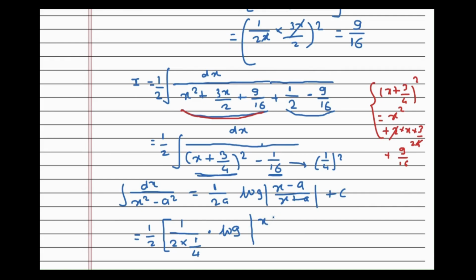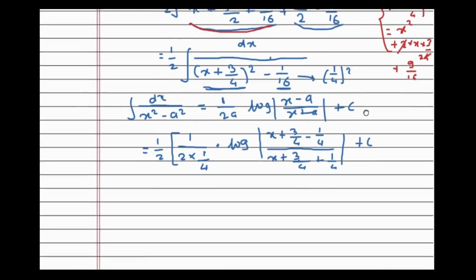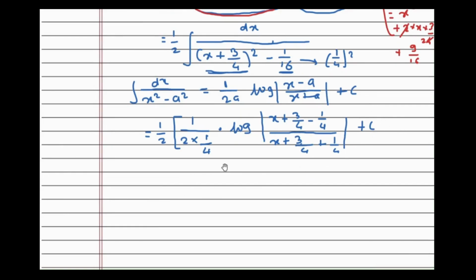What is x? x is x plus 3 by 4. So it is x plus 3 by 4 minus 1 by 4 upon x plus 3 by 4 plus 1 by 4, plus c. Okay, let's simplify it a bit to get the final answer.